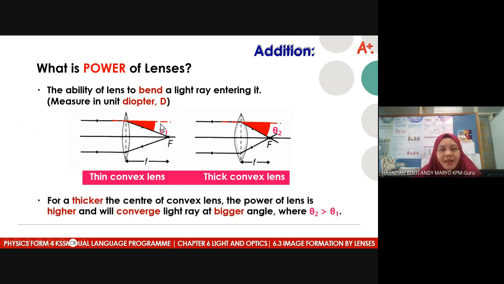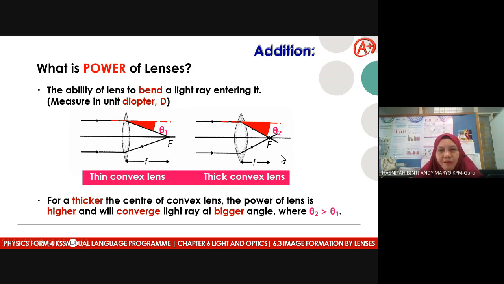Angle theta is the angle of deviation, meaning how much the light has been refracted. You can see here, theta 2 is greater compared to theta 1. So we understand thicker convex lenses converge light at a bigger angle, which means it has a higher power compared to thinner convex lenses.